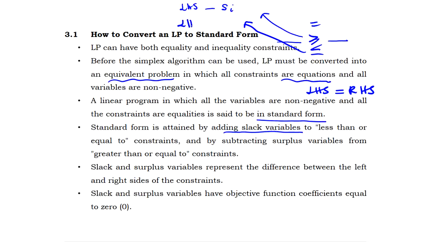Therefore, in order to make it an equation, we need to add a slack variable to the left hand side. Slack and surplus variables represent the difference between the left and right sides of the constraints. Slack and surplus variables have objective function coefficients equal to 0.